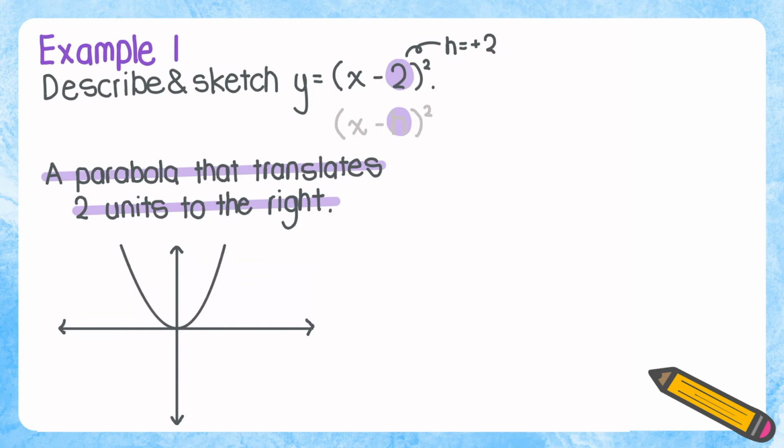Right, so that's the parent function. And we're moving this 2 units to the right. So our parabola for this example would look like this. Again, it's a very generic sketch.